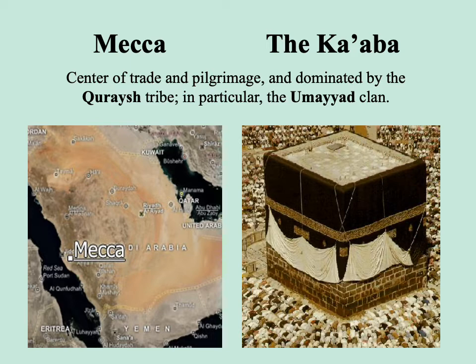And so before we proceed any further, just to set the stage, imagine for a second that you're a member of the Umayyad clan, a very wealthy merchant living in Mecca, right? And from your perception, your wealth is very much tied to this relationship between trade and pilgrimage in connection with pagan worship.